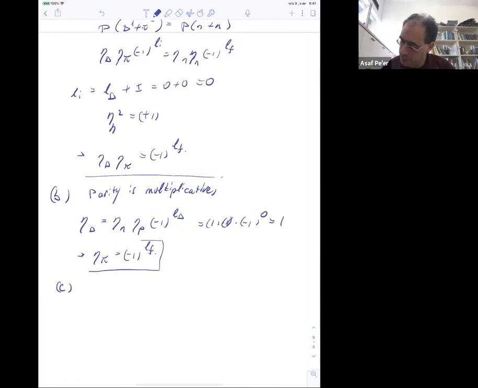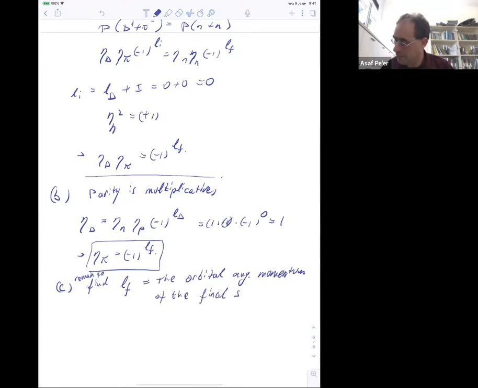So it remains to find L_F. Okay, for that, we need to look at conservation of angular momentum.